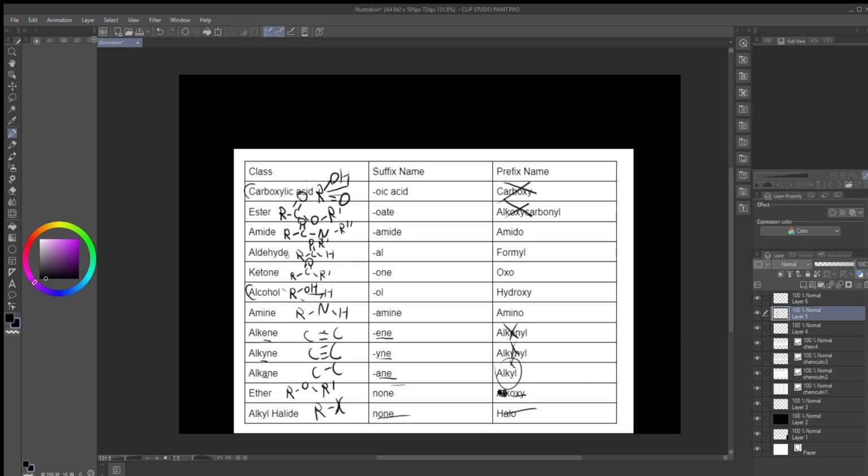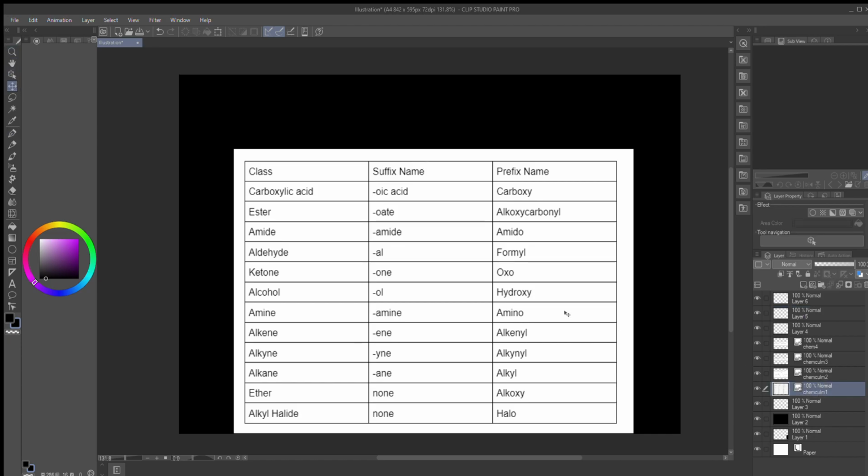And then the lowest polarity will most likely be alkanes, alkenes, alkynes due to their CH bonds, which is a non-polar bond.